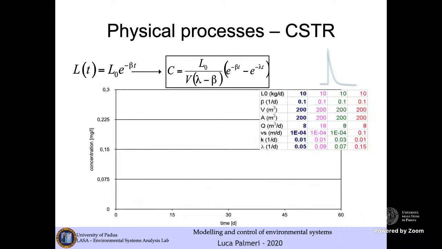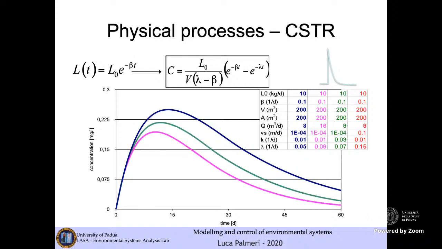So what's happening here? Again, this is the first flash of storm water. For example, when you have a storm event that is impacting onto your sewage system, then you will have a first important washout of the system, in which a very large amount of toxic substances is transferred to the system, and then in the subsequent time instants, you have an exponential decrease of the concentration due to the fact that the sewage is now clean.